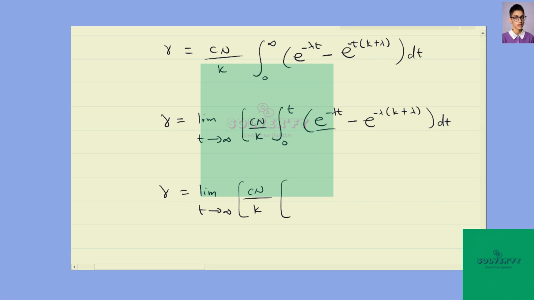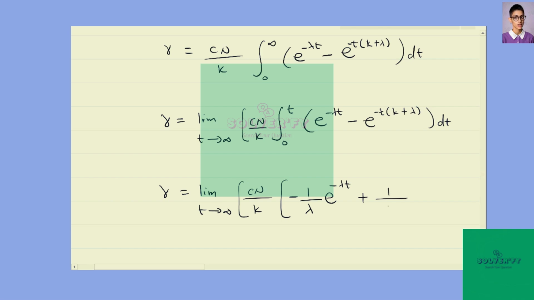When you integrate this, you have 1 over negative lambda, that is a negative t, and this one you have a positive because that's a negative already.